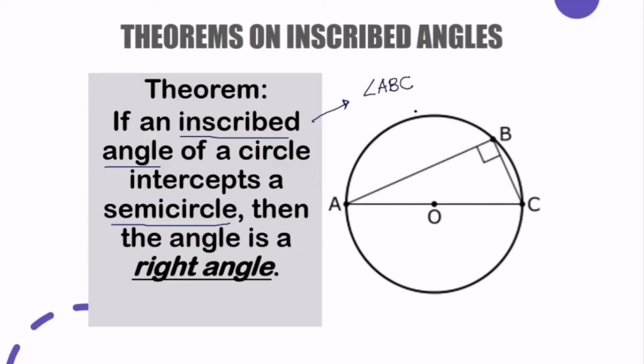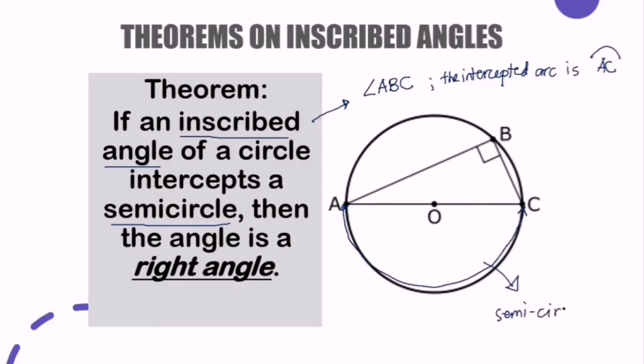And as you can notice, it intercepts the arc AC, from A going here to the point C. And this one is our semicircle, which, as I've told you before, measures 180 degrees.